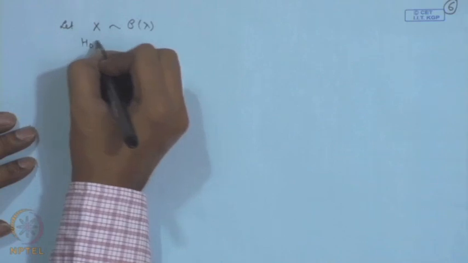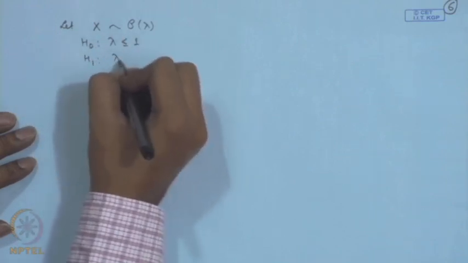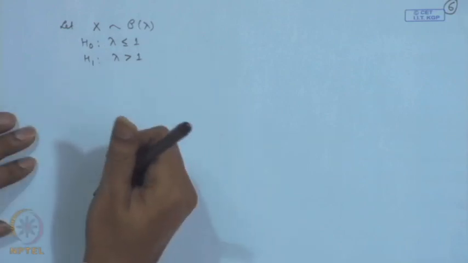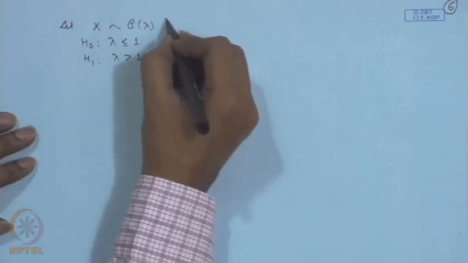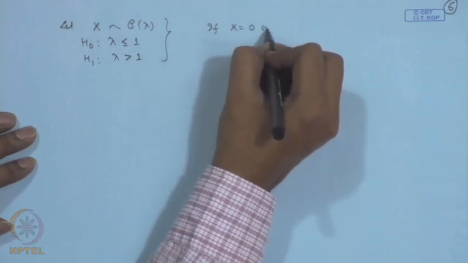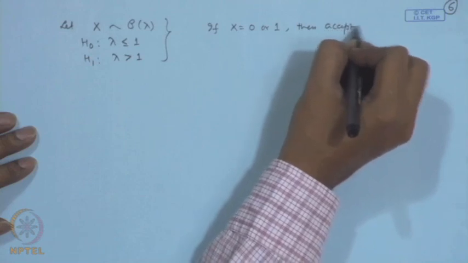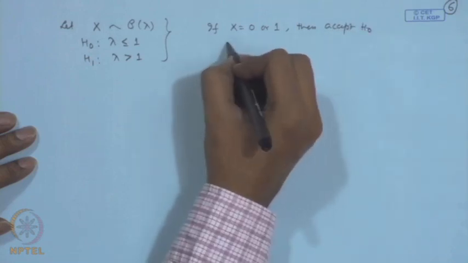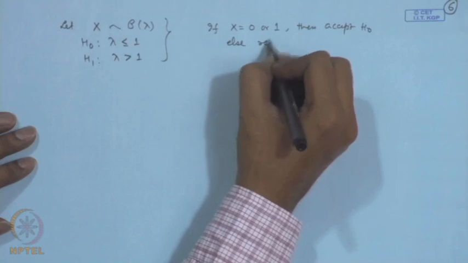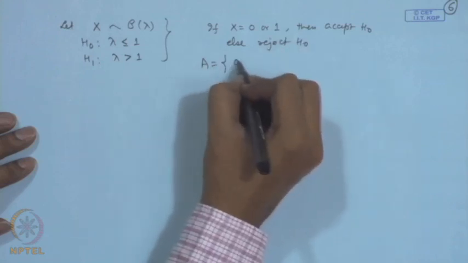Our null hypothesis is lambda less than or equal to 1 and H1 is lambda greater than 1. Now, based on the observations, if X belongs to 0 or 1, then accept H naught, else reject H naught. So, here our acceptance and critical regions are as follows.